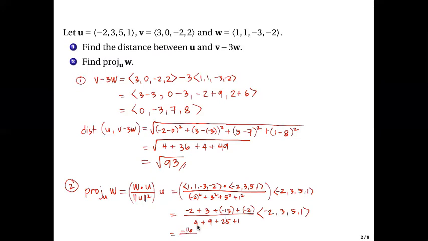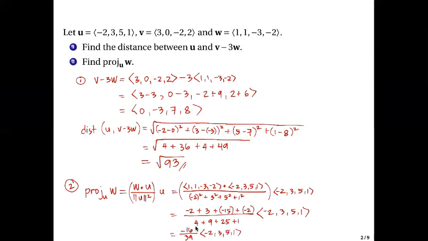On the denominator, we have 4 plus 9 plus 25 plus 1. So 9 plus 1, that's 10, plus 25, that's 35, plus 4, that's 39. And we have the vector -2, 3, 5, 1.